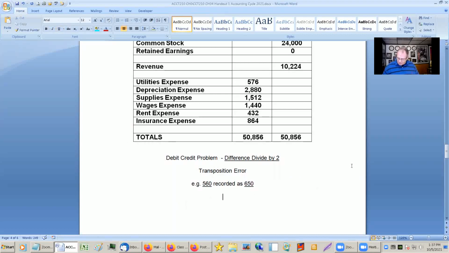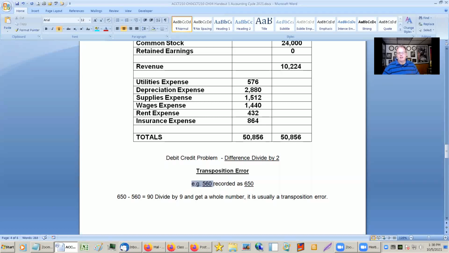If you take the difference, whichever way you want to do it, so 650 minus 560, if you can divide by 9 and get a whole number, it's usually a transposition. So if it's off by 90, okay, divide by 9, it'll give a whole number, 10. Then start looking for this.